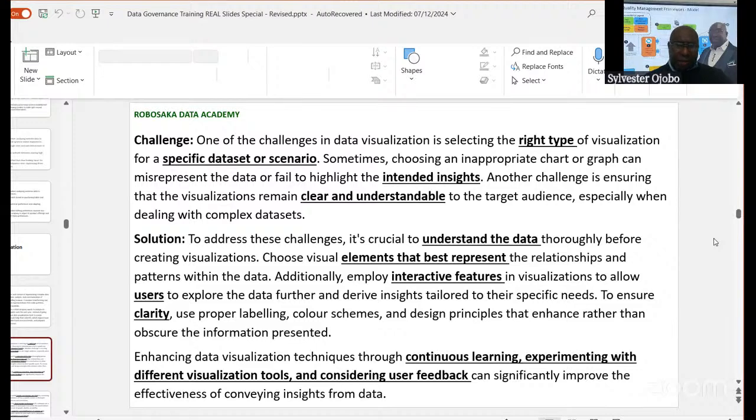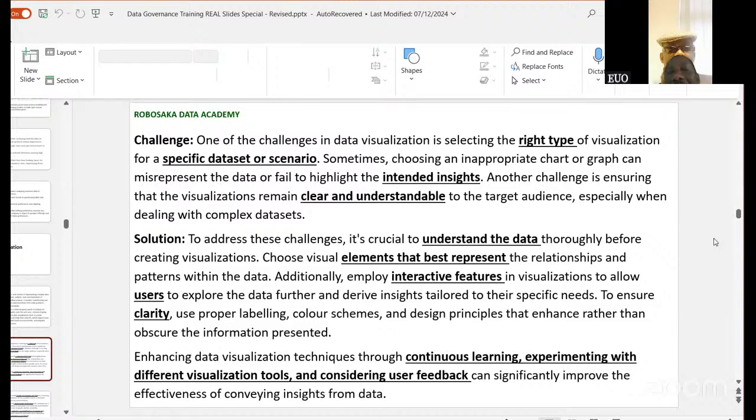Barrister, your hand is up. Yeah, sorry. I was going to say that it's very important that we know the right data to release. For organizations, when we're looking for jobs, it's important to look at the kind of organization we want to go to, because very large organizations don't just release data like that.